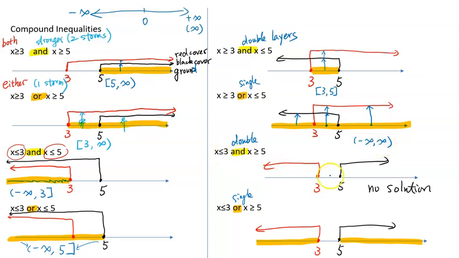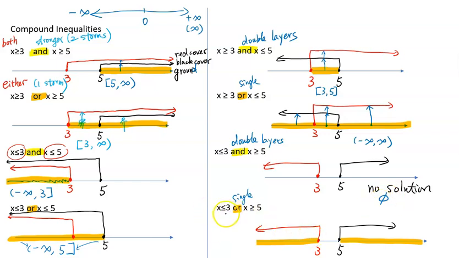But for this case, as you can see, these two tents don't overlap. So we cannot find a spot that is under double layers, which means we can't find a place to hide. So you can either say no solution, or you can use the empty set. This means nothing, no solution.